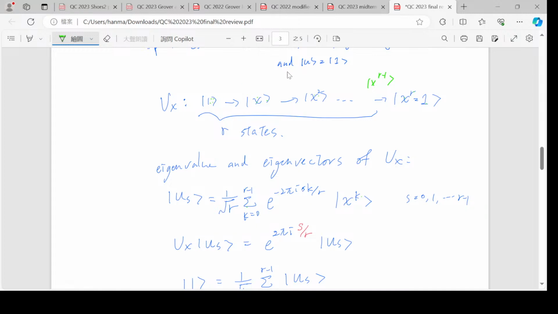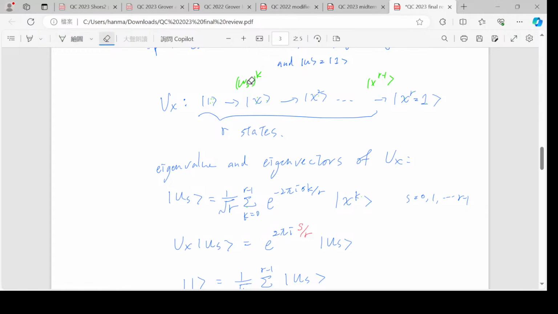When s equals 0, it's just a uniform superposition with no phase. For s from 0 to r minus 1, you get e to the minus 2 pi i sk divided by r, so you put omega_s to the k here, where omega_s is an rth root of 1.